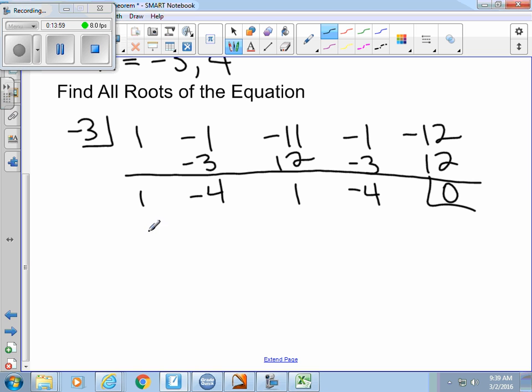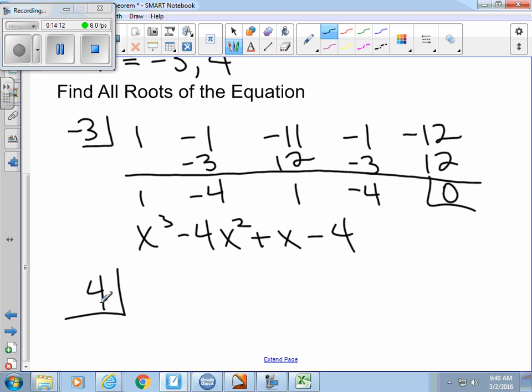This is now a cubic polynomial, everyone agree? This step right here is actually unnecessary, but I'm just going to show you what I have here. I have this cubic polynomial, but now I want to divide out the other root that I have because I want to get it down to a quadratic.